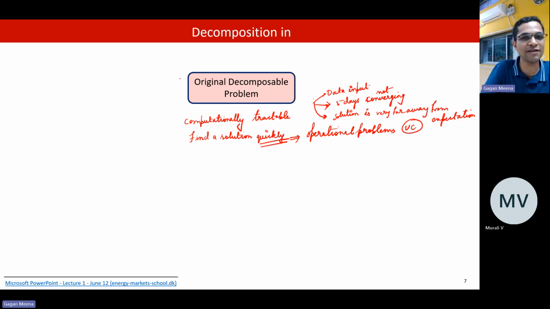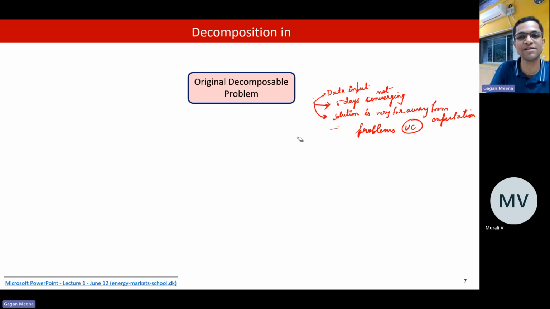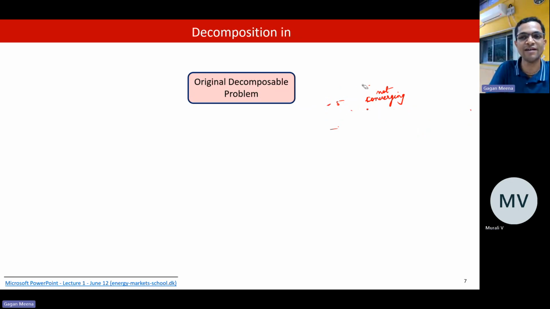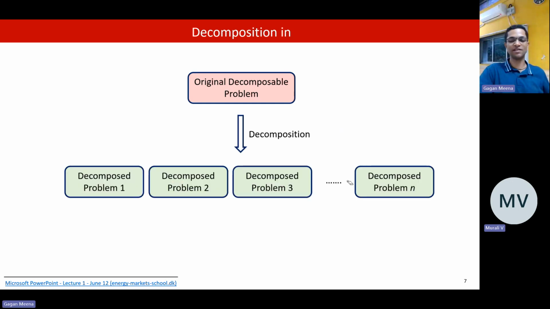The original problem might not even be solvable, and second, it might take more time. We want to deal with both these problems. So we decompose the original problem into several subproblems which are smaller, can be solved very quickly, and are also easier. That is the motivation for using these different methods, and Lagrange relaxation is one such method for decomposition.